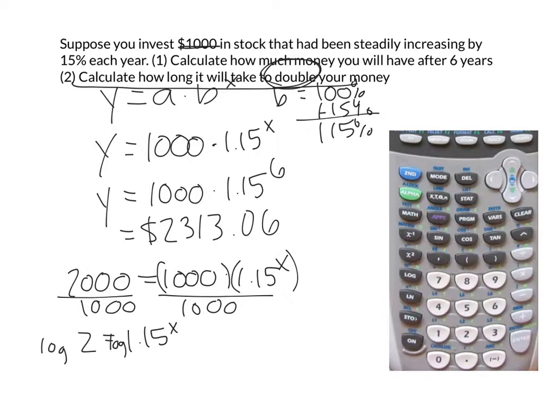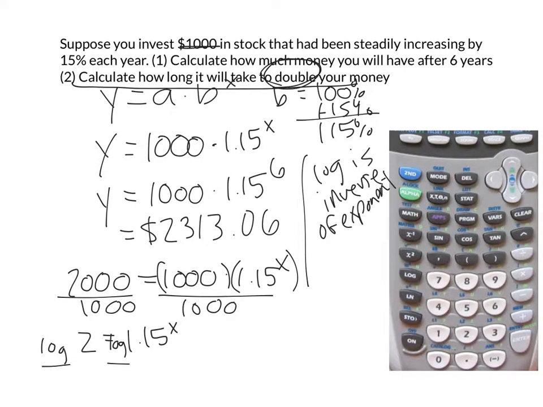The log is the inverse of an exponent. So that's why they undo each other, and that's why this works. So this is what ends up happening. What this looks like is I have the log of 2 equals the log of 1.15 to the x.